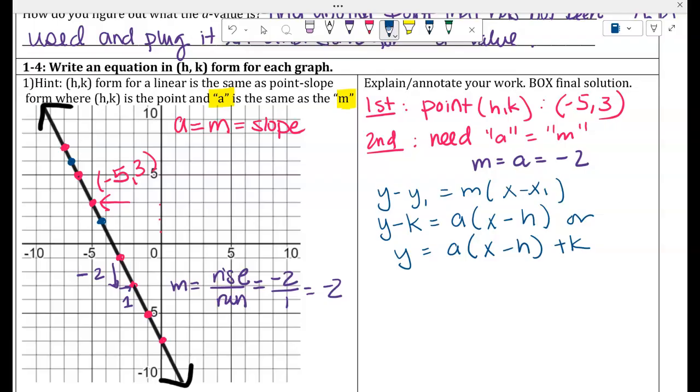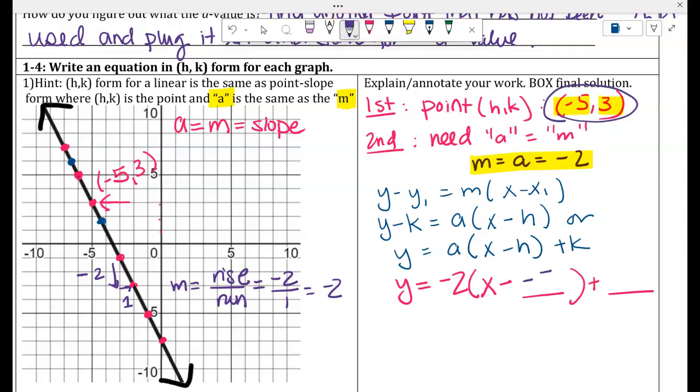So let's plug in what h and k are. We know that h is going to be -5, k is 3, and your slope is going to be -2. So that's going to go, okay, y equals a, which is your slope, which is -2x minus, I'm going to leave a blank space, plus k, h is a blank space. Well, we know that h is -5, and then k is 3. 2 negatives will make it a positive.